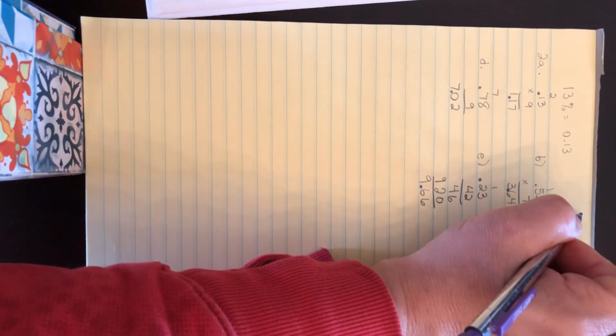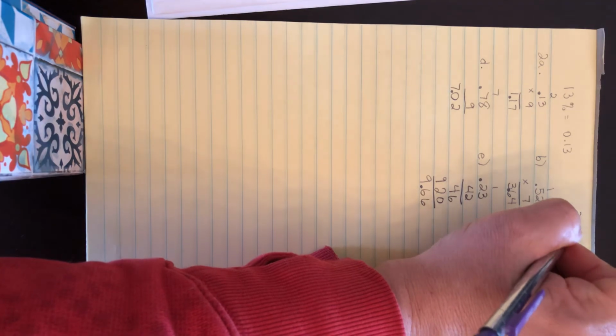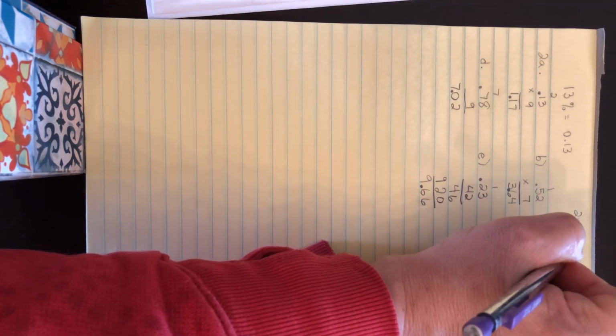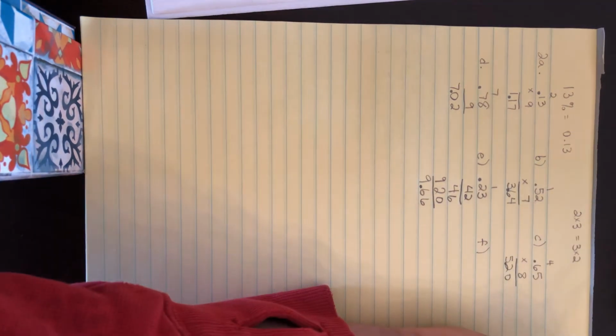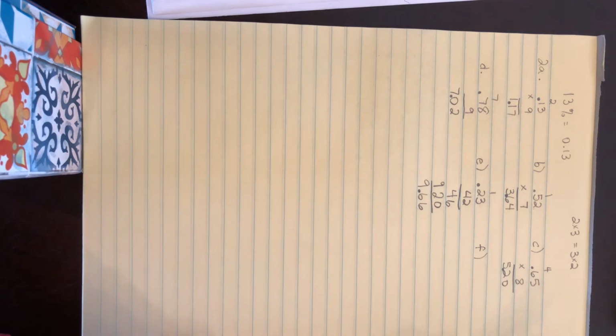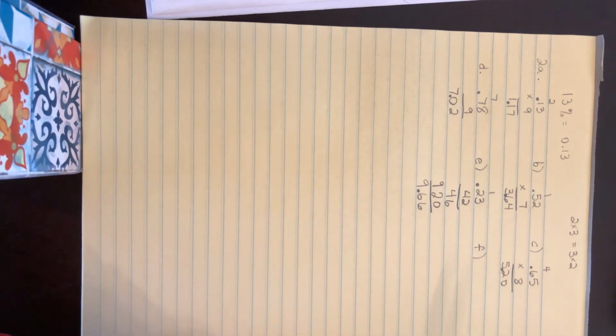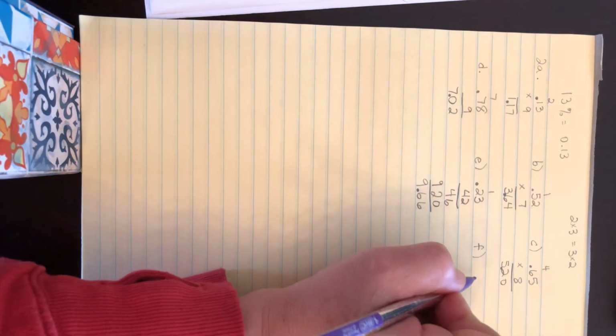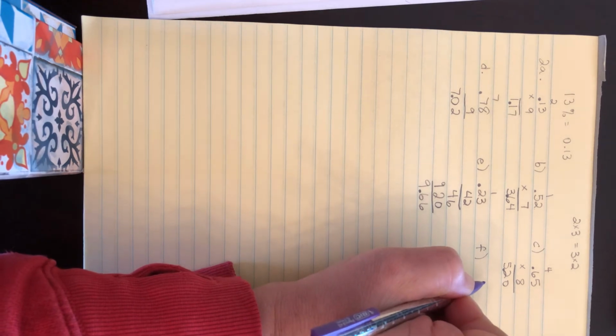So just a simple example as an aside here, 2 times 3 gives us the same as 3 times 2. So it doesn't matter what order you put it in. If you do 0.65 times 8 or 8 times 0.65, it's just easier to have the number with more digits on the top.